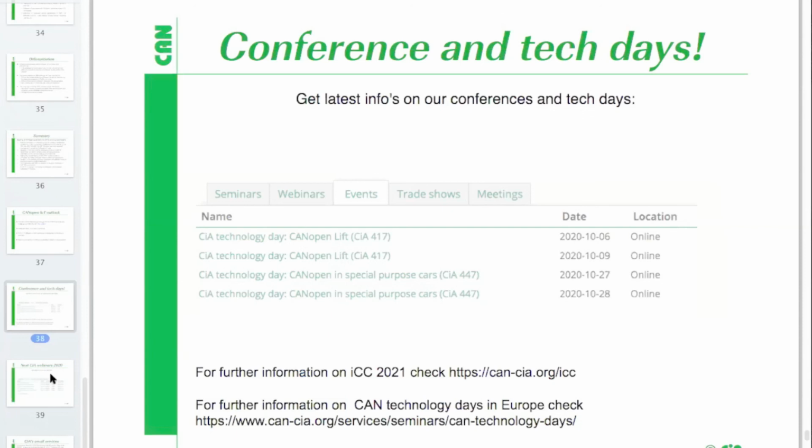One example of CANopen Lift and embedded special purpose cars. These technical events take place in October this year. They would take place, of course, online. Still, we have Corona restrictions throughout the world, so we don't want people to get sick talking at close distance to each other.